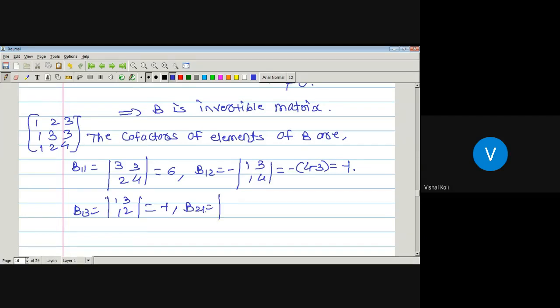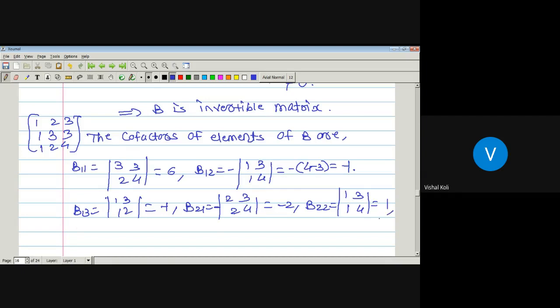B21 is equal to, again it is minus, since minus 1 to the power 2 plus 1 is minus. So B21, minor 2, 3, 2, 4, equal to 4 into 2, 8, minus of 3 into 2, 6. 8 minus 6, 2. 2 into minus 1, minus 1. B22 means it is minus 1 to the power 4 into minor 1, 3, 1, 4, which is equal to 1.